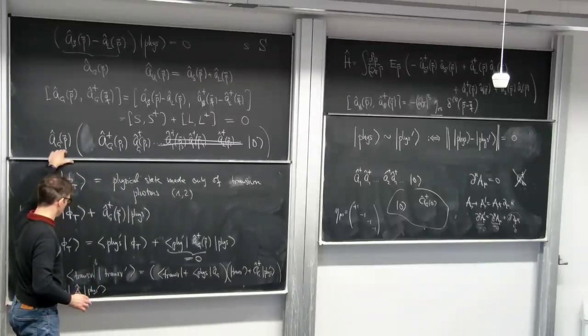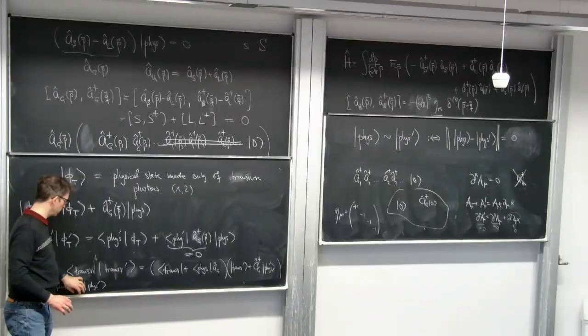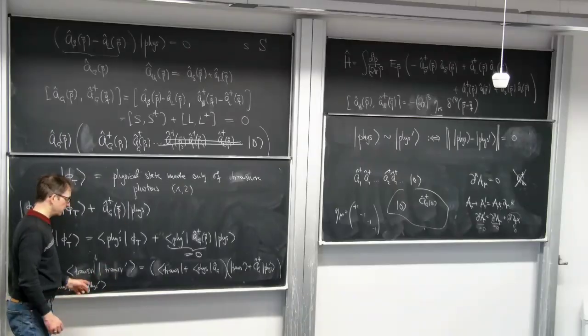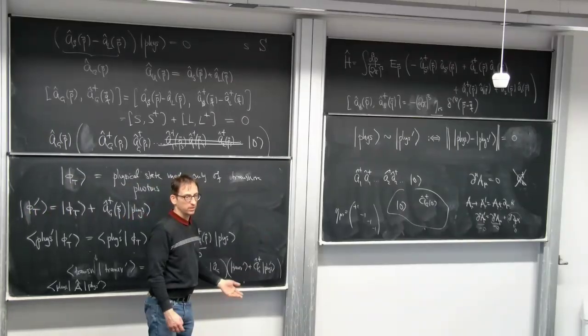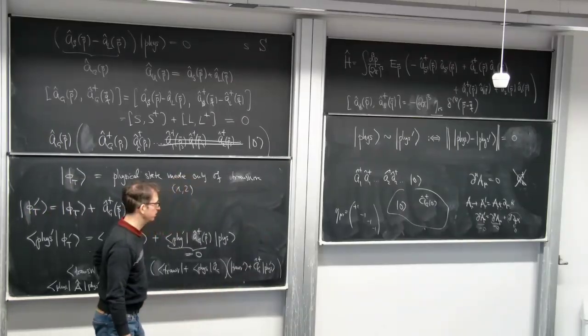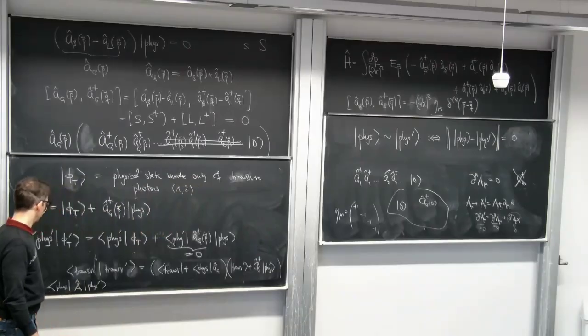Exactly. When you want to compute expectation values of gauge invariant operators, then you can pick whichever out of your class. If not, then you kind of parameterize them, which is awful.